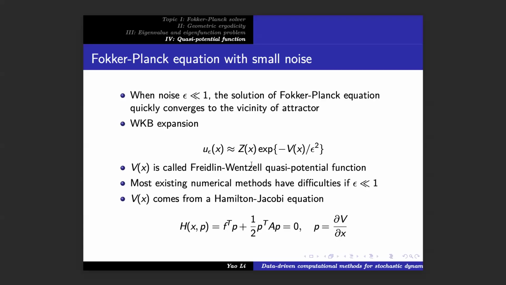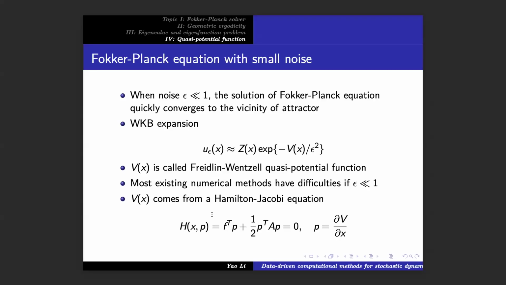Okay. And as I said, most existing numerical methods have lots of difficulties if this epsilon is extremely small. But you are able to solve z and v separately, and then you can convert the singular perturbation problem to two regular perturbation problems. So here is some background coming from the large deviation theory: you have this v, and v solves some variational problem.